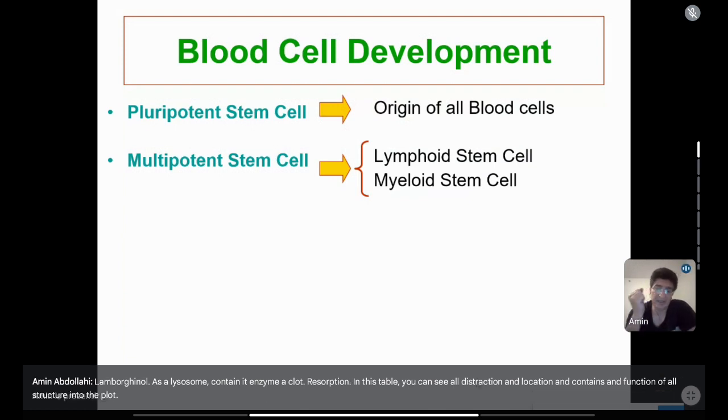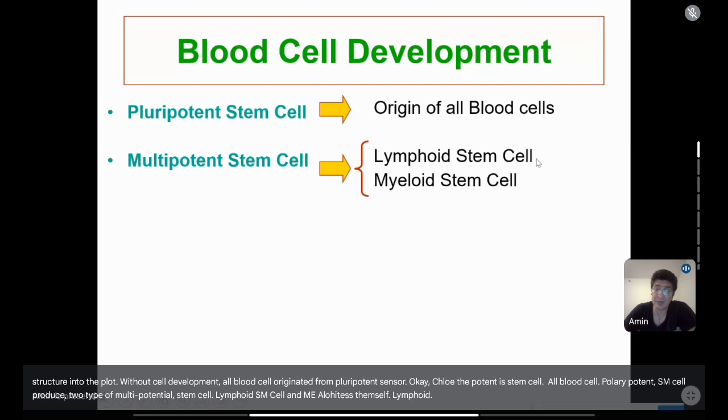Blood cell development. All blood cells originate from the pluripotent stem cell. The pluripotent stem cell produces two types of multipotential stem cells: lymphoid stem cells and myeloid stem cells. Lymphoid stem cells produce lymphocytes.